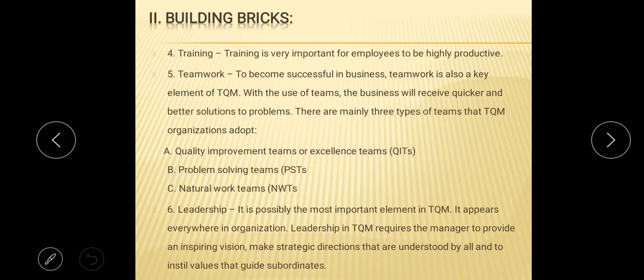The next group is building bricks. So, apart from the three key elements which were discussed in foundation, training is number 4 and it is under building bricks. Training is very important for employees to be highly productive.